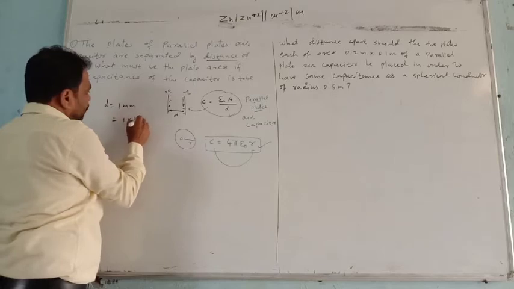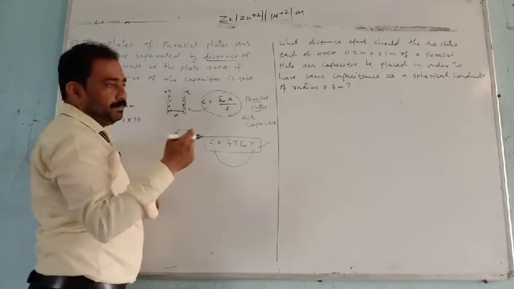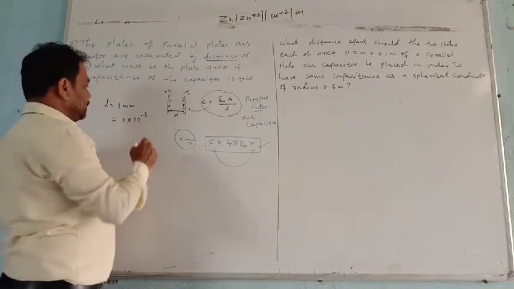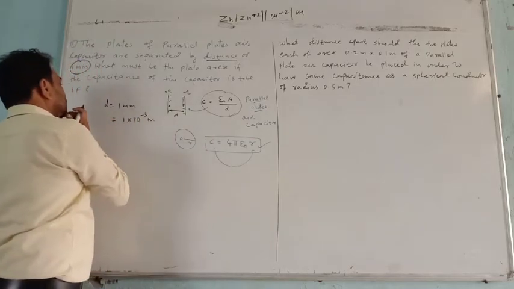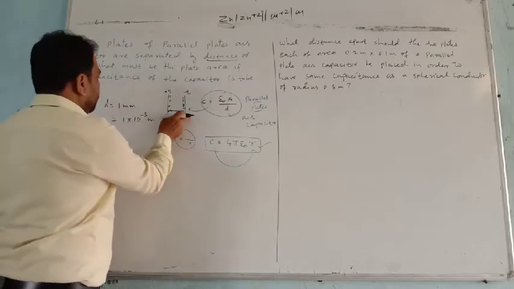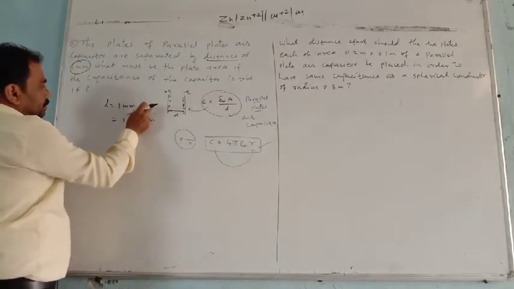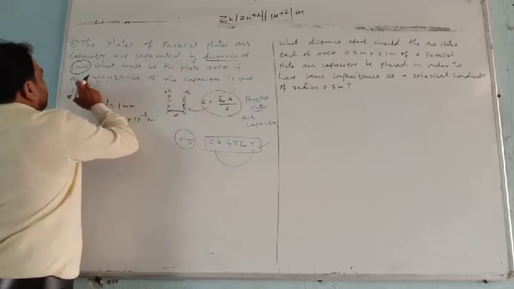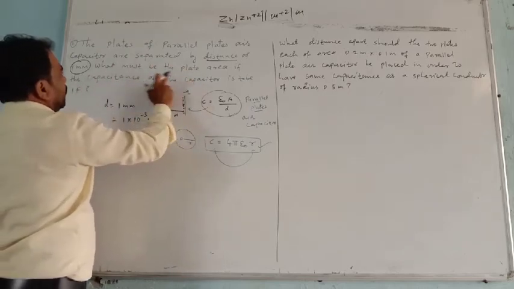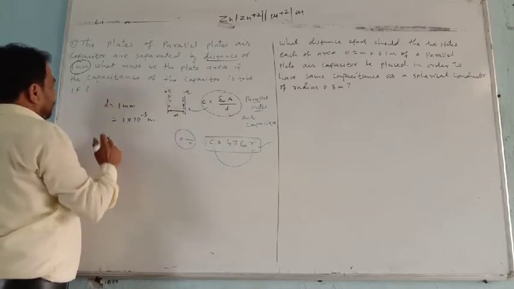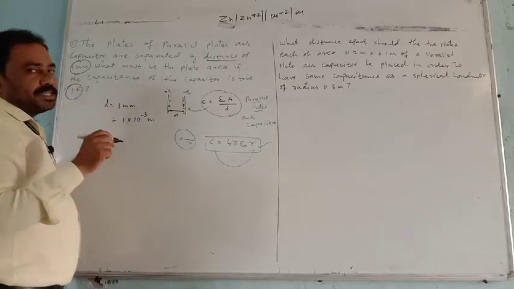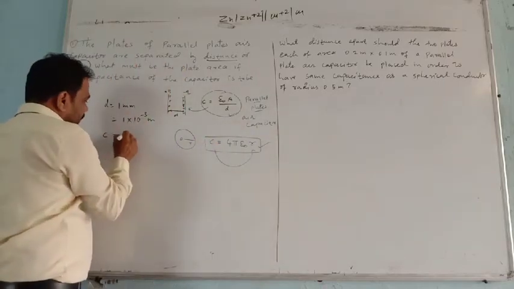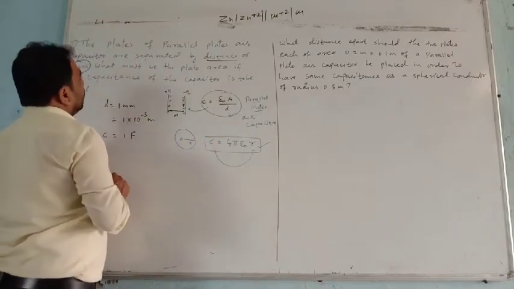Mm stands for millimeter, and milli means 10 to the power minus 3 meter. So the distance between the two parallel plates is 1 into 10 to the power minus 3 meter. What must be the plate area if the capacitance of the capacitor is to be 1 farad? So the capacitance is given, it is 1 farad.